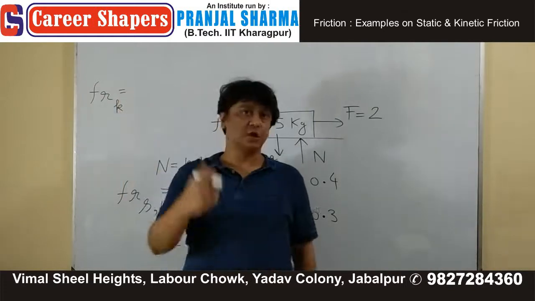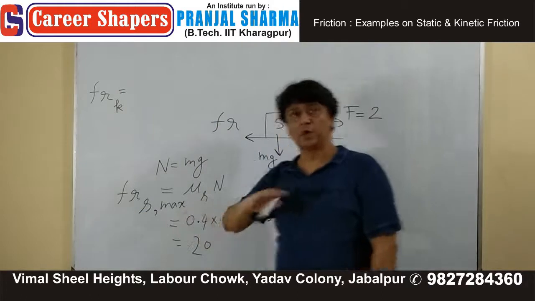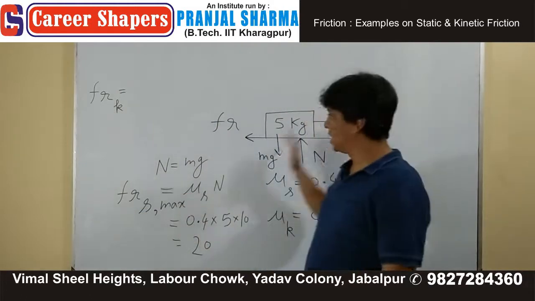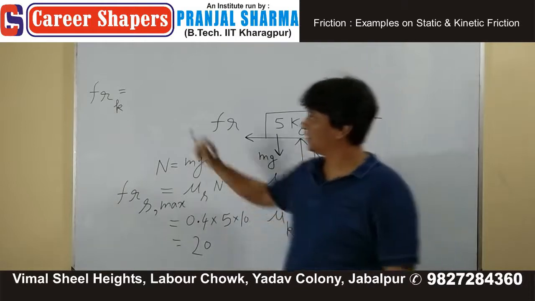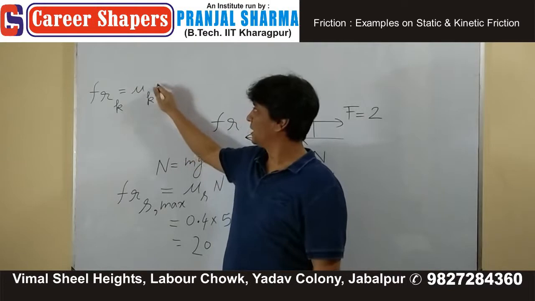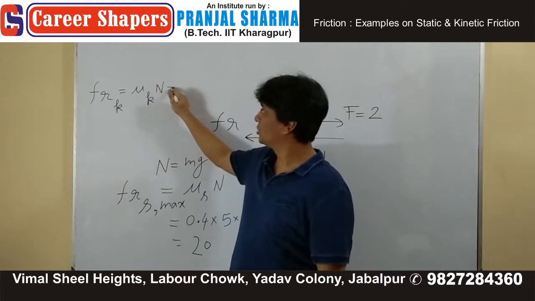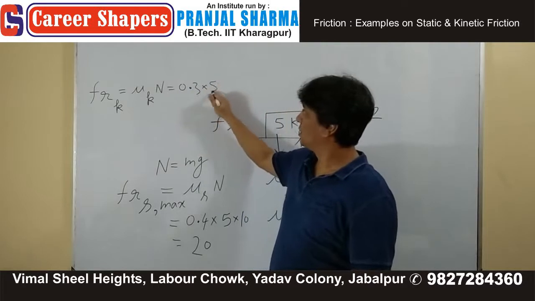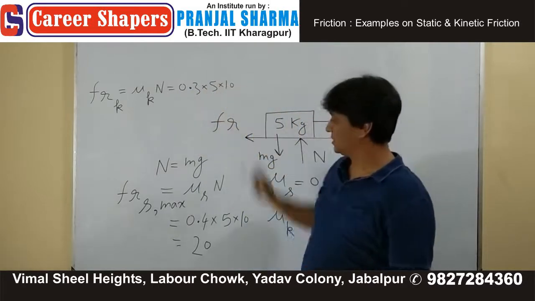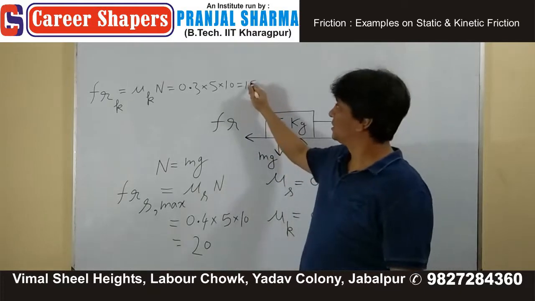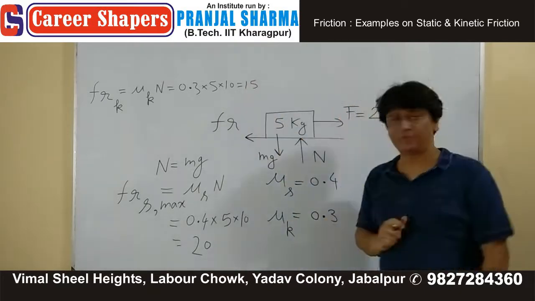Fr kinetic is not maximum, it is always the same, and it will become clear with the help of this example only. Fr kinetic is what? Mu kinetic multiplied by normal reaction. Mu kinetic is 0.3, normal reaction is 5 into g, which gives us Fr kinetic as 15.